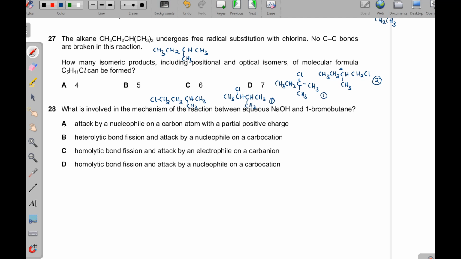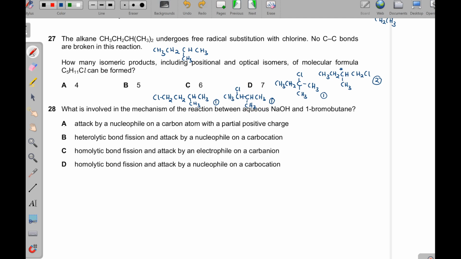You see? Now, do we have a chiral center here? No. So even this one is giving us 1. So they say the positional. That means you look at chlorine wherever it is going.